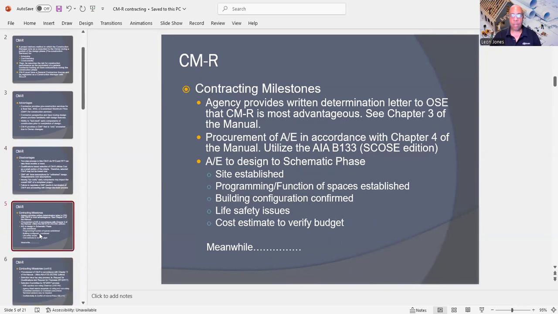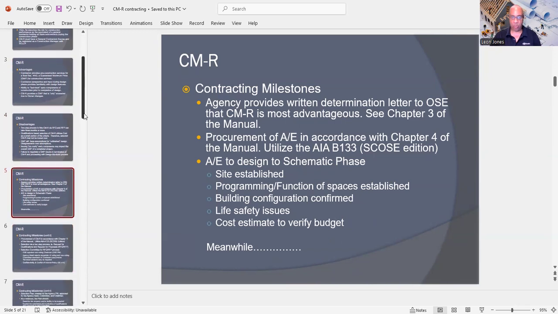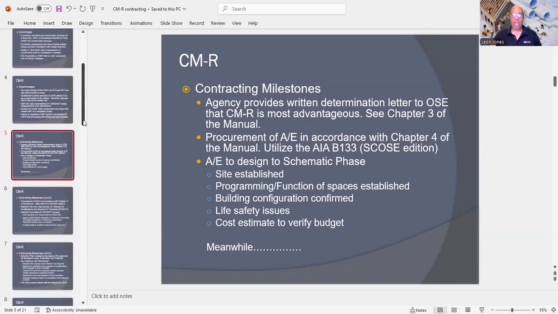Now, contracting milestones. It's where the agency provides written determination letters to OSC that the CMR is the most advantageous. Now, of course, you have to see Chapter 3 of the manual.